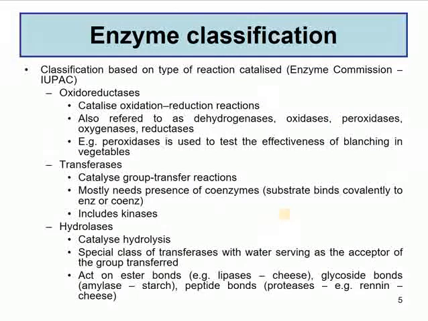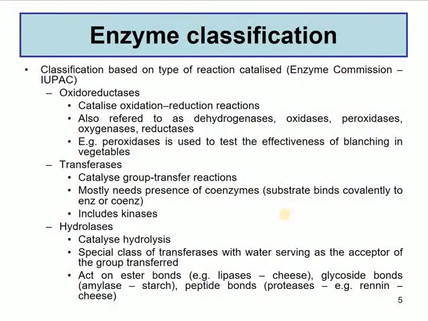Okay, so the first category, EC1, will be what we call the oxidoreductases. You know, the nicest thing about chemistry is that you can break down a word and it's much easier to understand. So oxidoreductases catalyze oxidation reduction reactions, okay? And they're actually referred to as dehydrogenases, oxidases, peroxidases, oxygenases, and reductases.